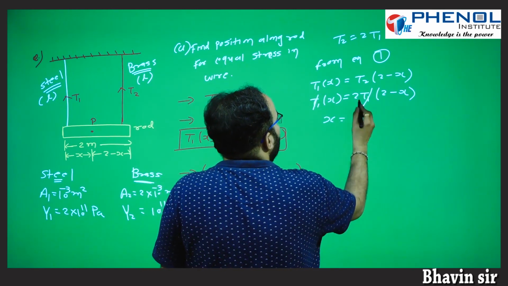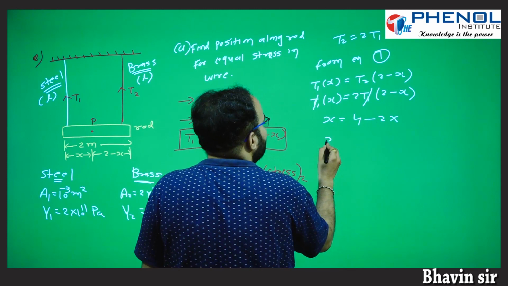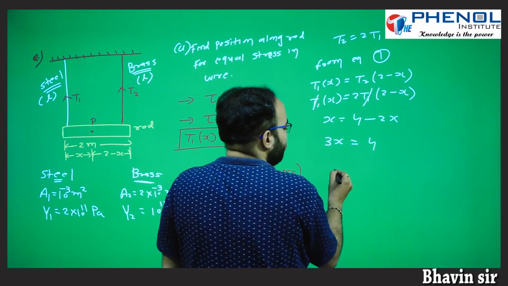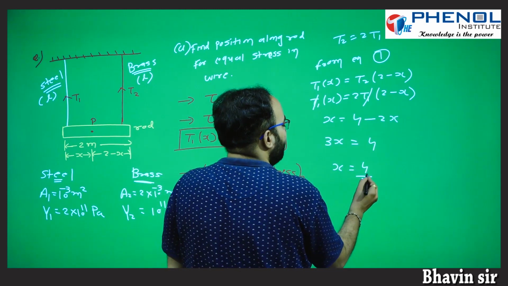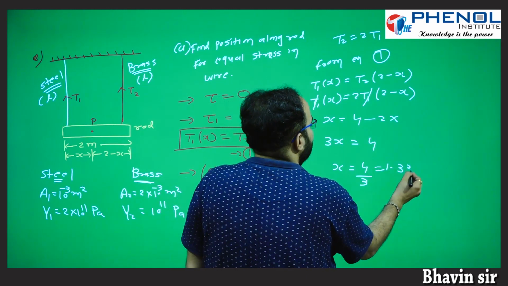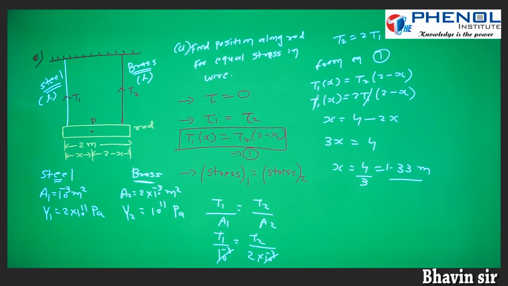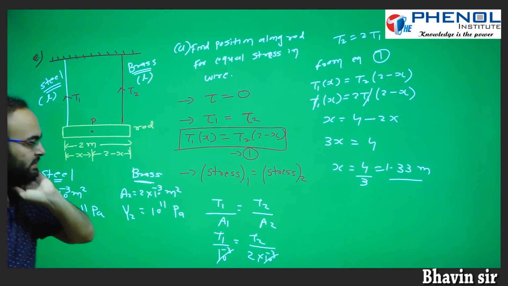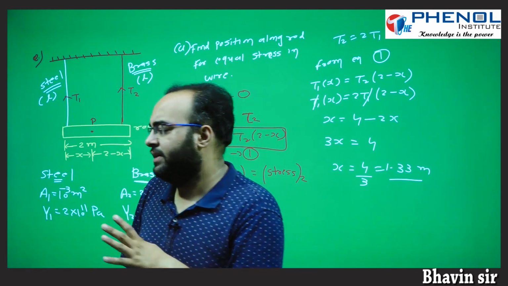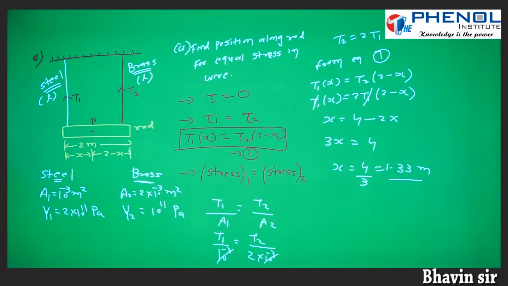So 2 into 2 is 4, 4 minus 2x. So 3x equals 4. So x is 4 by 3, that means 1.33 meter. Okay, chalo, again I repeat, students, see what is the question, important one.